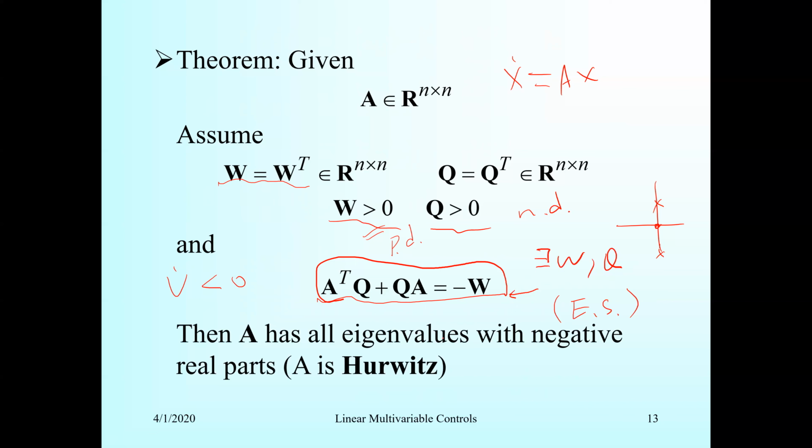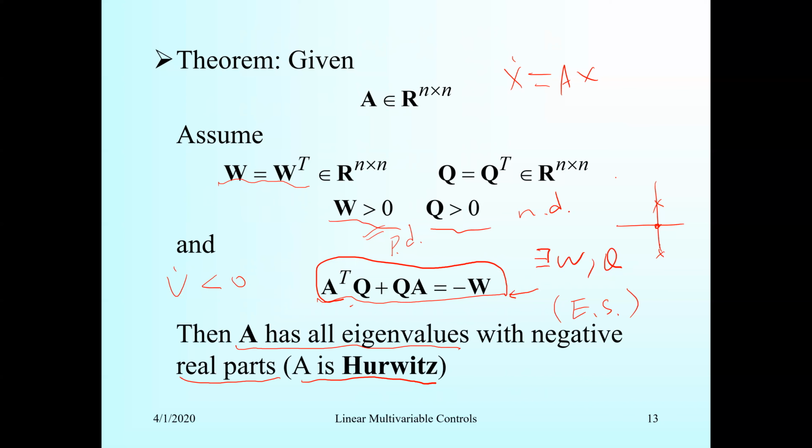So it keeps going down until 0. In this case, we know if we can find Q and W, then A has all eigenvalues with negative real parts. If A has all eigenvalues with negative real parts, it's called Hurwitz. So in the future, when we say A is Hurwitz, it means there are no eigenvalues on the imaginary axis.